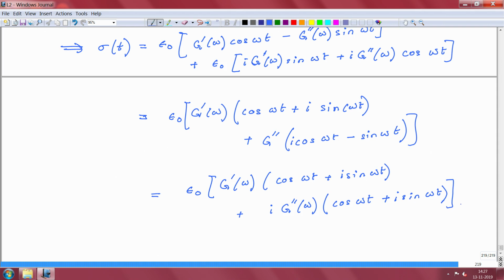But you can see that both of these two terms have the same time varying part, right. This is equal to e to the power I omega t, and similarly this part is equal to e to the power I omega t.